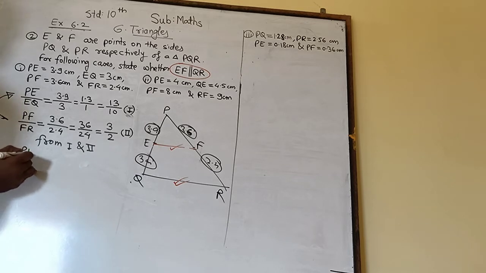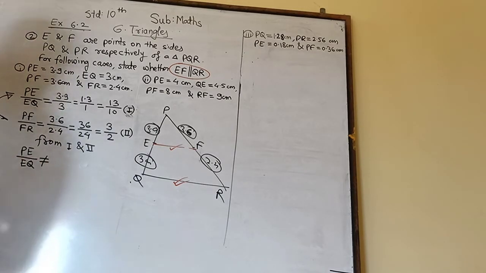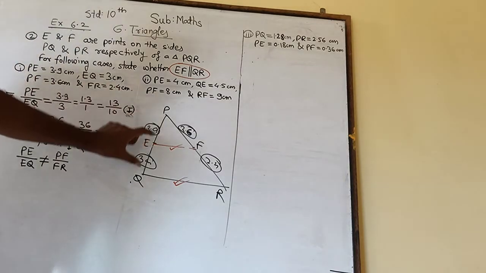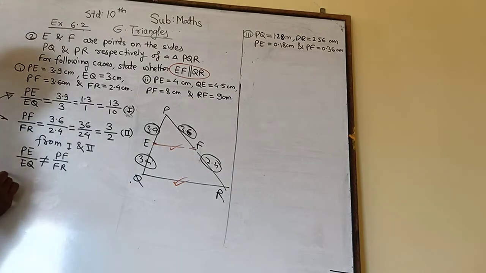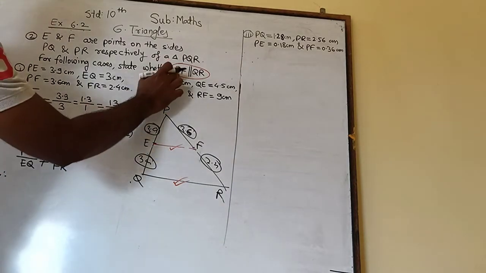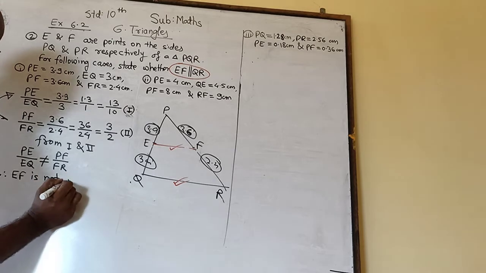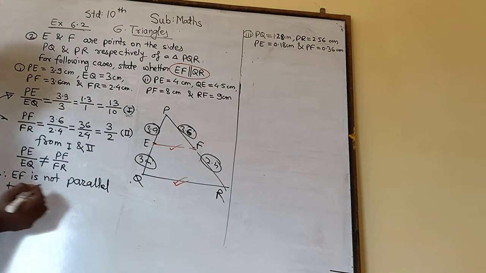So I can write PE upon EQ is not equal to PF upon FR. So students, these ratios are not the same, not equal, which means therefore EF is not parallel to QR.